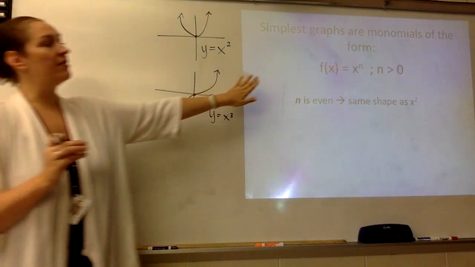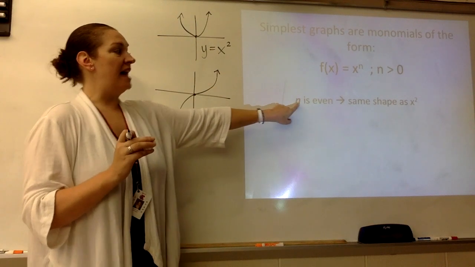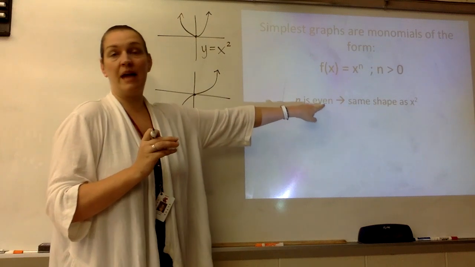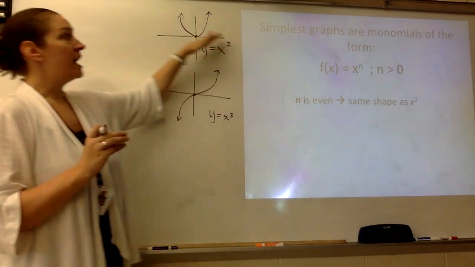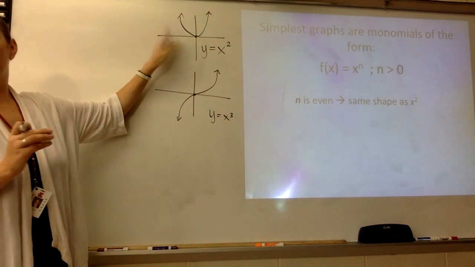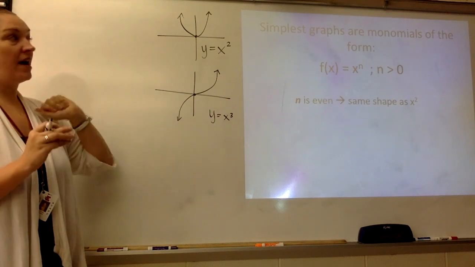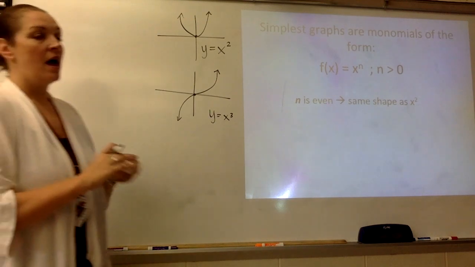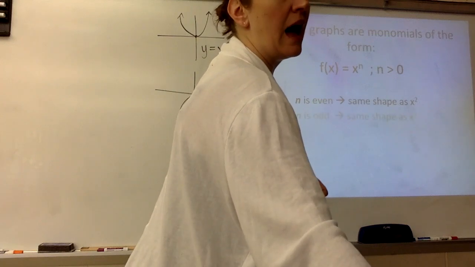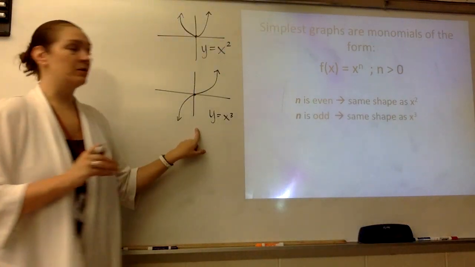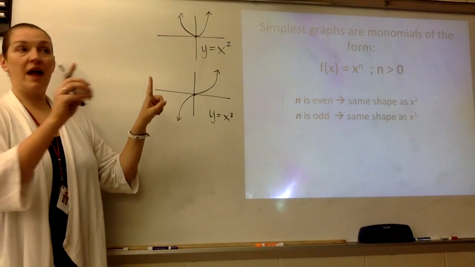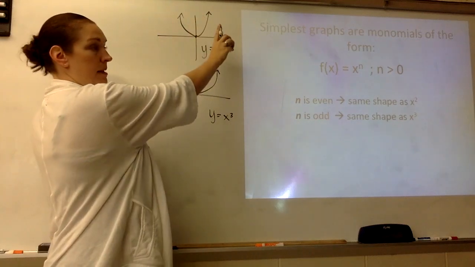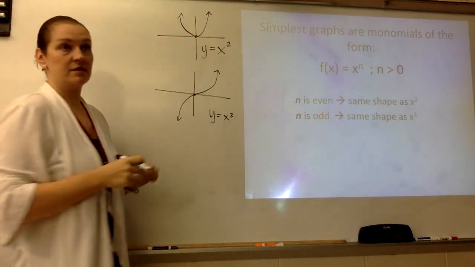So when I look at the slide that I have up here, if n is even, so that would mean n would be 2, 4, 6, or 8, it's going to be "U-shaped." And I say that in quotes, and you'll see why in a second. However, if n is odd, it's going to be similar to x cubed, where I don't have the direction going the same. Got opposite directions.